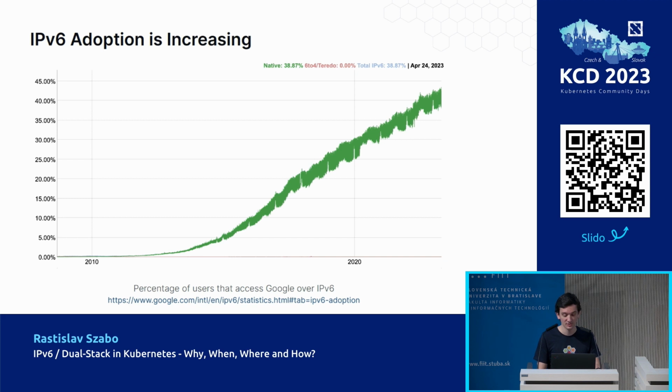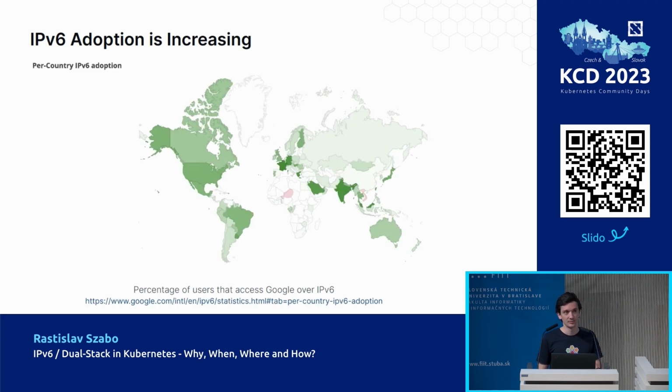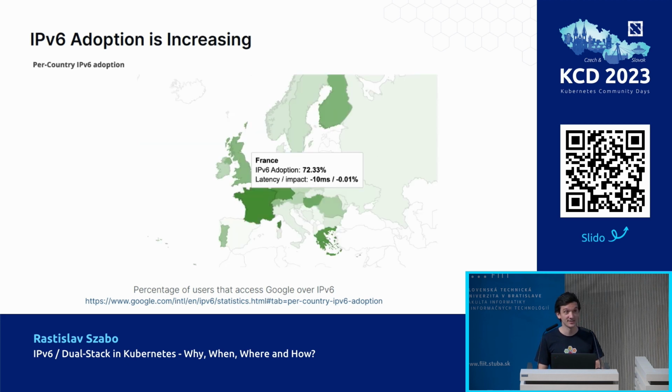So almost 40% of internet users already use IPv6 to connect to Google services. This picture shows how it looks on an individual country basis. And if you want, you can make a quick guess in your head what country would be winning here. I'll give you 3 seconds, 1, 2, 3, and the winner is France.